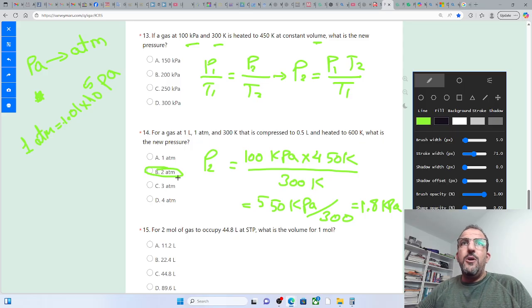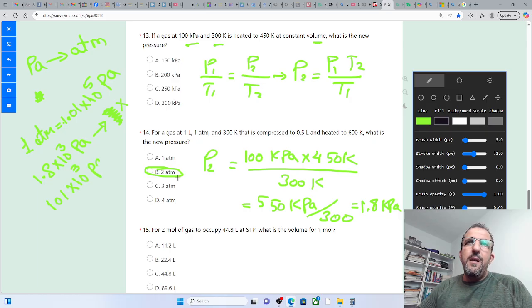So one atmosphere is equal to 1.01 times 10 to the power 5 Pascal. Okay, so 1.8 times 10 to the power 3 Pascal will give me X, something that I don't know, and 101 times 10 to the power 3 Pascal gives me 1 atmosphere.